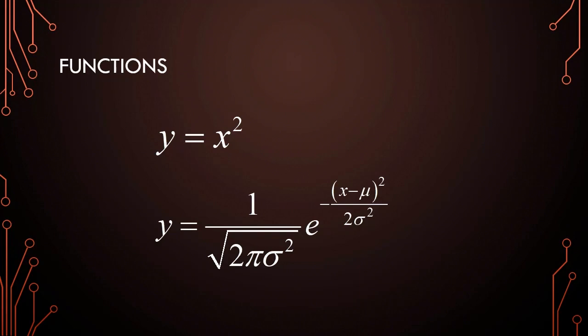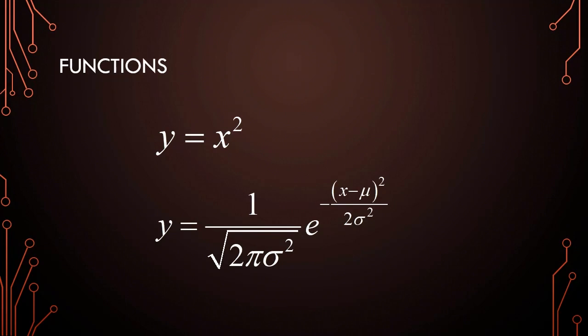There are some numbers in the function that we can change to get different normal distributions. These are called parameters. For the normal distribution, there are two parameters. They are the mean and the standard deviation. The mean and standard deviation are common statistics as well.